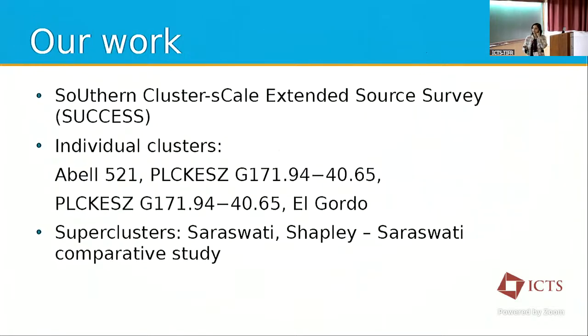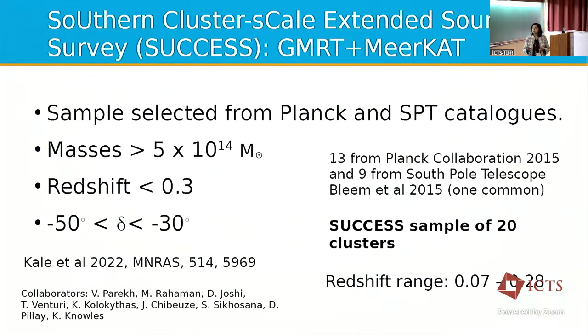The work that I'm presenting here is basically a survey, so surveys and individual systems of interest. And I'll also touch upon superclusters. The Southern Cluster Scale Extended Survey is a survey of galaxy clusters selected from the Planck satellite and the South Pole Telescope catalogs.